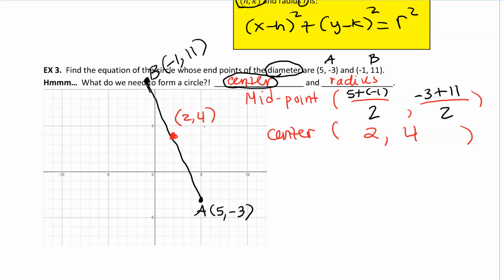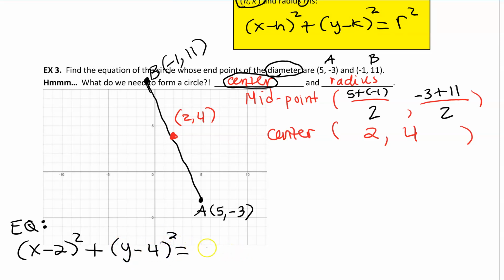So far, we would say the equation of the circle is x minus 2 squared plus y minus k squared, y minus 4 squared equals radius squared.